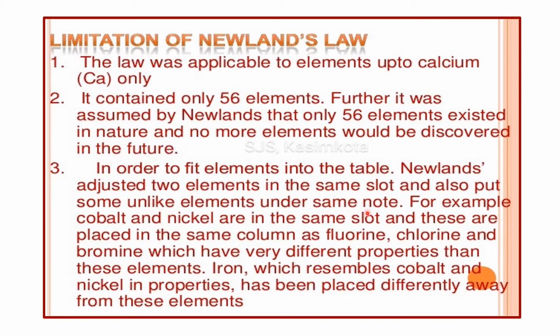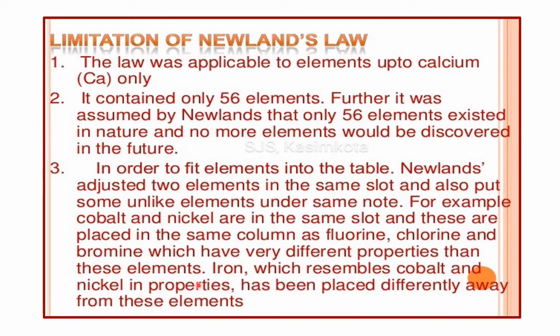So here, to adjust all these 56 elements into the table, he has adjusted two elements in the same slot. That is, in some slots two elements were adjusted, and in some slots he put some unlike elements under the same node. For example, cobalt and nickel are in the same slot, and these are placed in the same column as fluorine, chlorine and bromine, which have very different properties than these elements.